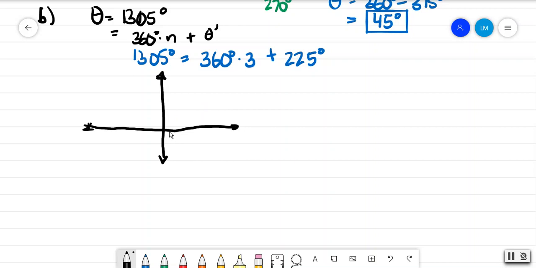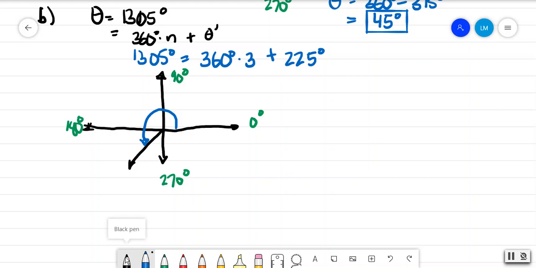Now check this out. 225 lies over here, which goes with me knowing that that's 0, 90, 180, and 270. And that's going to be our 225. In this example, I didn't draw around 3 times, because I know that it went around 3 times and then added 225. If you want to indicate the spiral, you can.